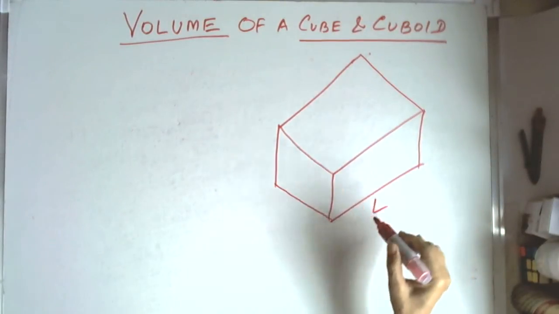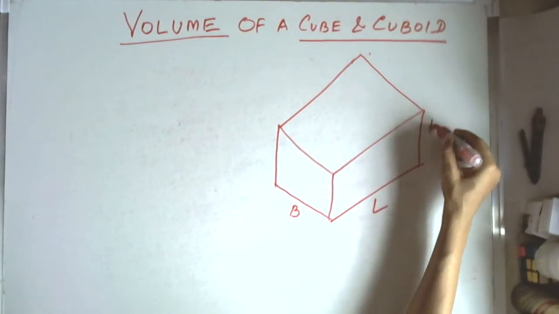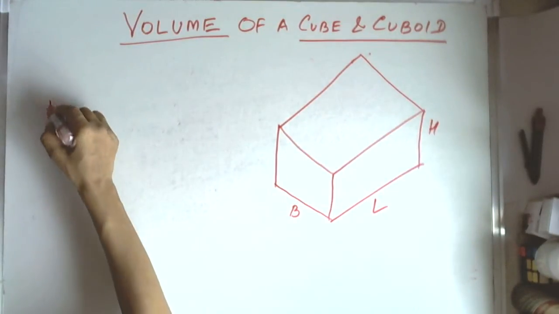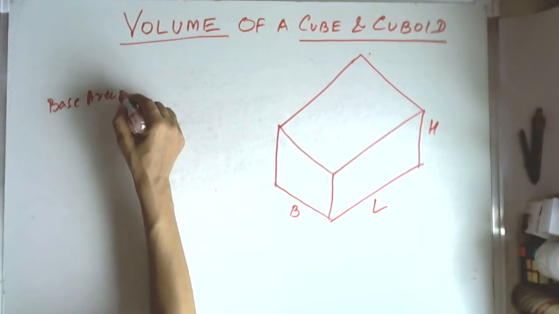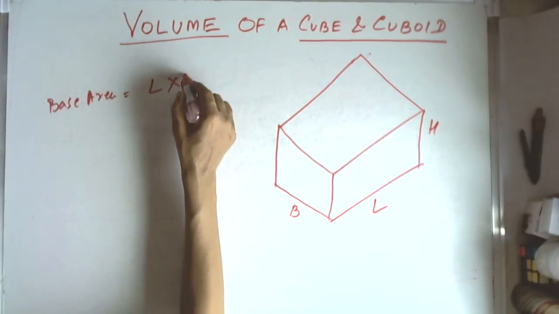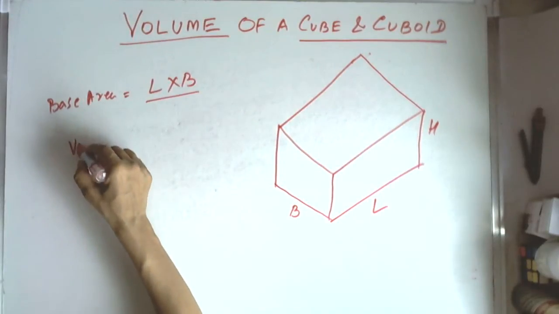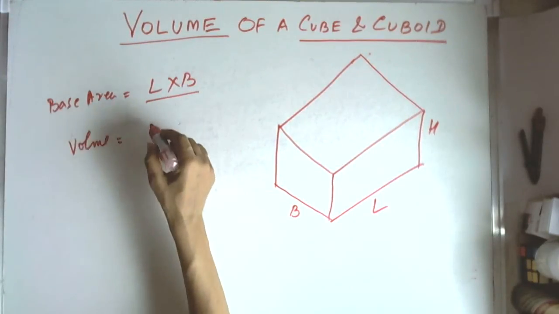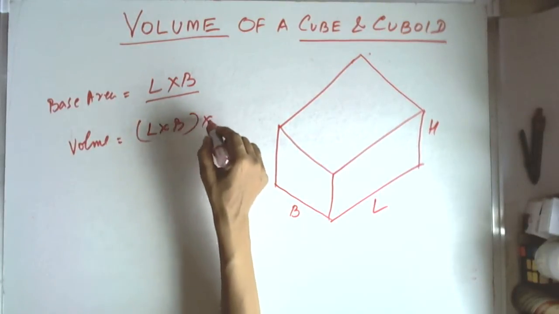So this is length, this is breadth, and this is height. So the base area of this cuboid will be length into breadth, and then volume is equal to base area, which is length into breadth into height.